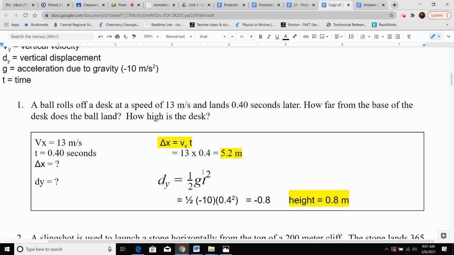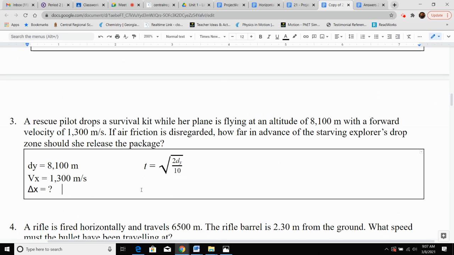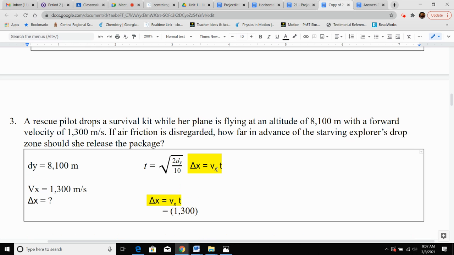Delta x is Vx times time. So this is for number 3. So I need this equation in order to solve. I have one of the two things that I need. I have this 1,300. What I don't have, again, is time. So given height, though, I can solve for that to get time.